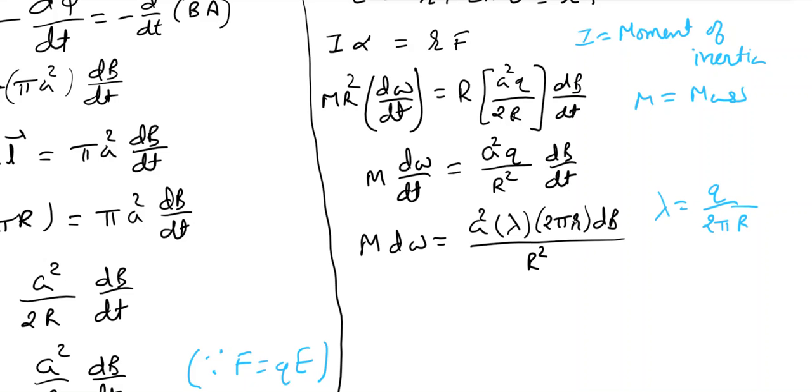My mistake, it is not small r, it is capital R. On further simplification, we get d omega equal to a square lambda into 2 pi dB by m R.